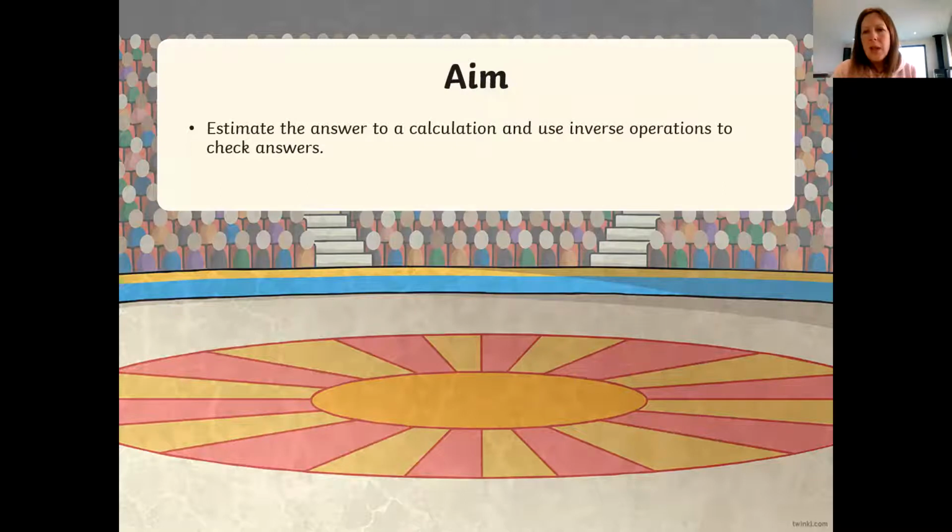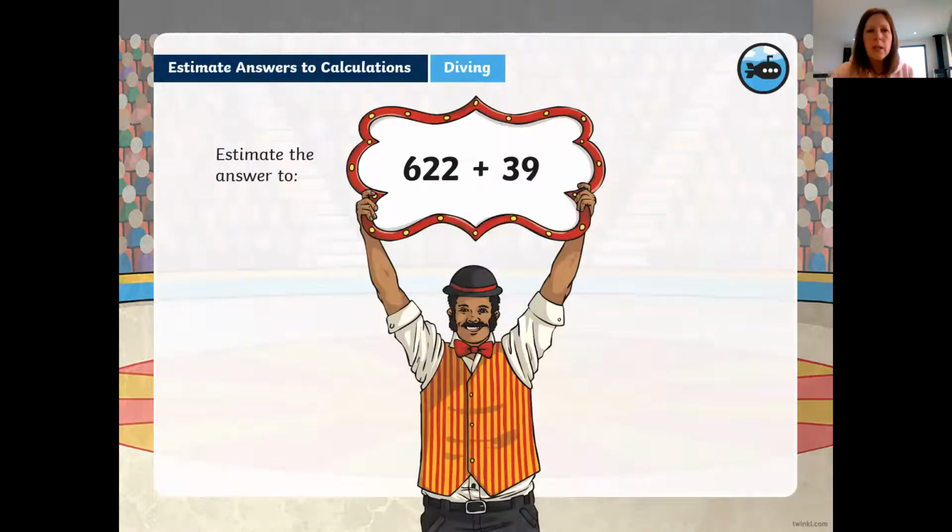So the aim is to start thinking about estimating the answer to a calculation. It also mentions the inverse here. We mentioned the inverse in our 5-a-day questions. We're really going to concentrate on estimating for today, although we might touch upon the inverse. So, estimate the answer to 622 plus 39.